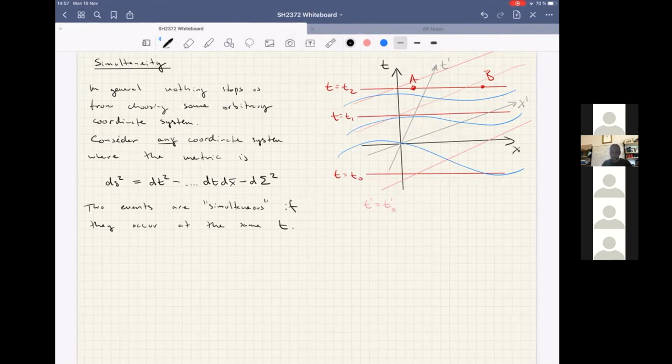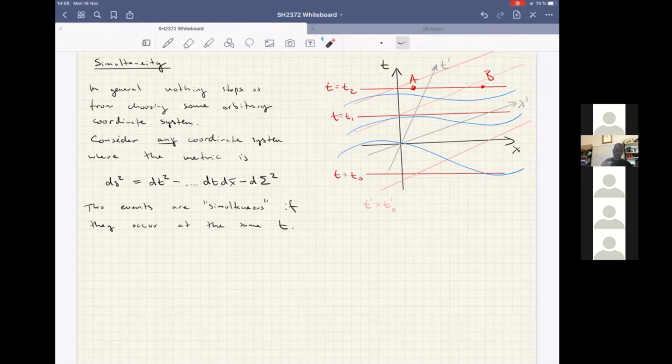It would actually be sufficient if we can find a set of hypersurfaces like these ones that make up the entire manifold. That would be sufficient to say that I just label those hypersurfaces by different time coordinates, and I would call anything that falls on the same hypersurface simultaneous.